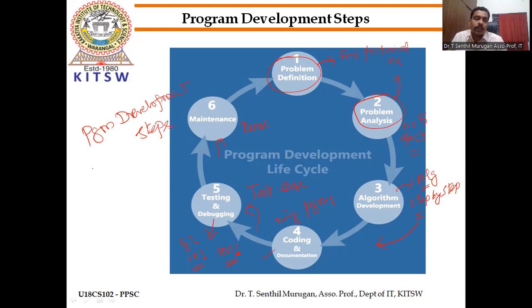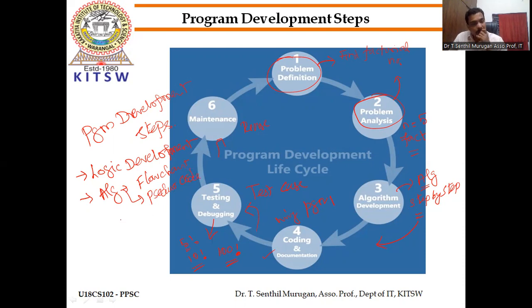So what is the first one? Logic development. You must know how to develop or how to solve that problem. After that, write the algorithm. The algorithm may be represented as a flow chart or pseudocode.